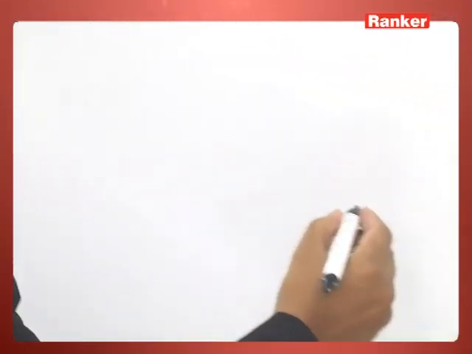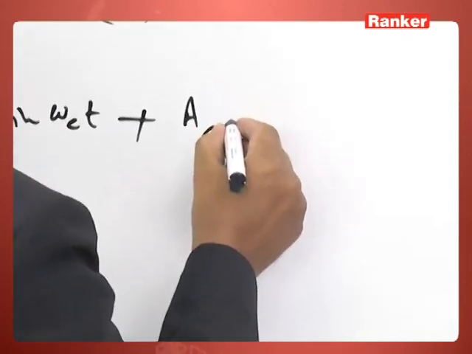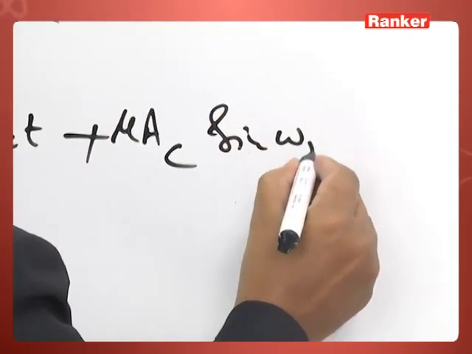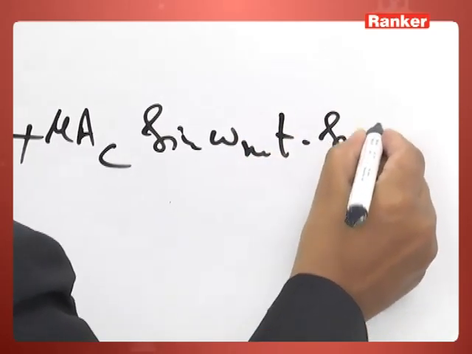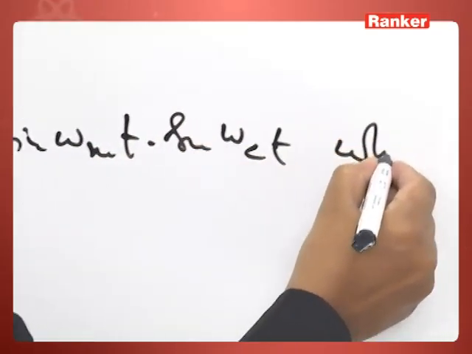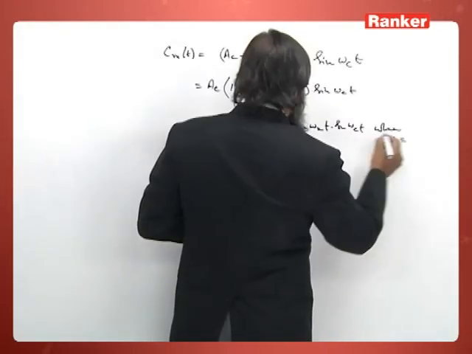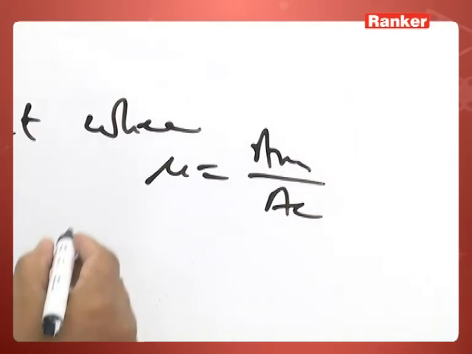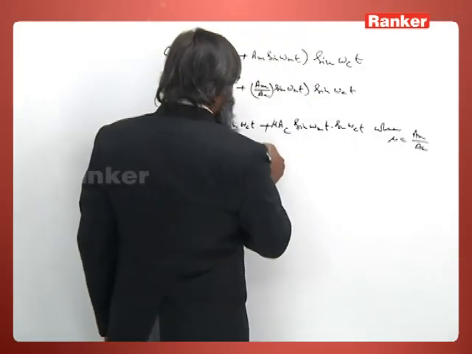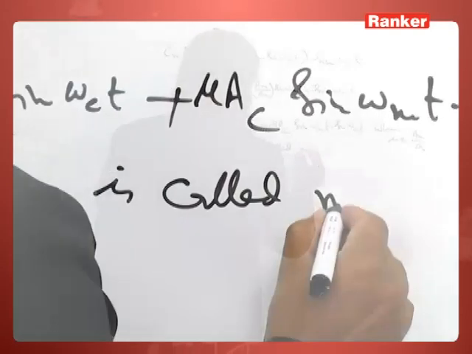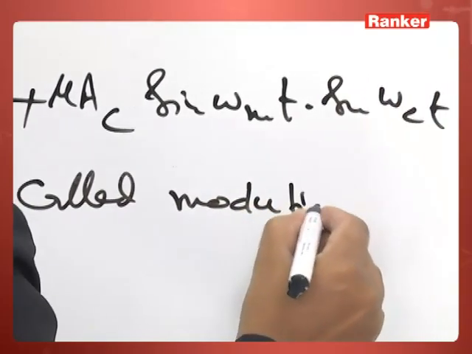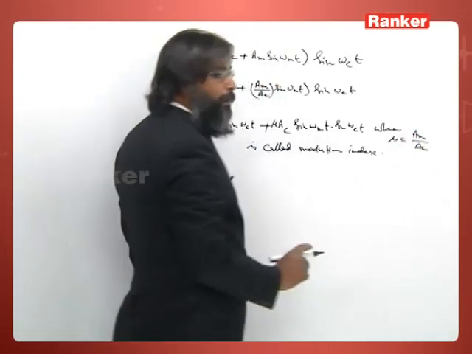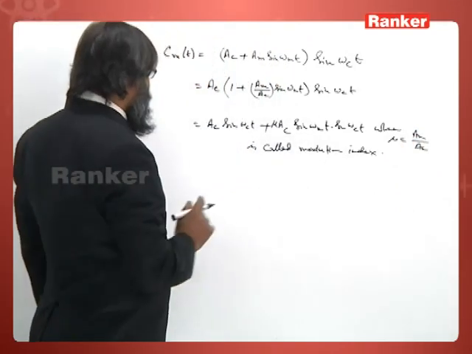So, mu times A_C sin ω_M t into sin ω_C t, where mu is A_M by A_C. Mu equal to A_M by A_C is called the modulation index.